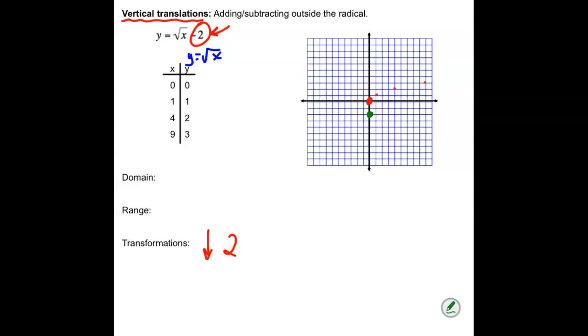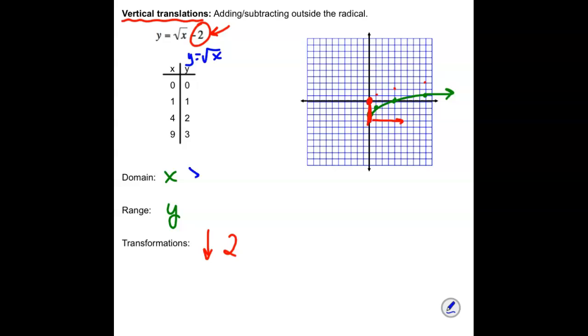Okay, so my new endpoint would be there. I have that point. Everything's just getting shifted down 2. And then I can draw in my curve. Make sure you have an arrow on the right side, but that it stops at that endpoint. And then remember, domain are your x values, and range are your y values. So in this case, my x values start at 0, and I'm going up, anything higher than 0.